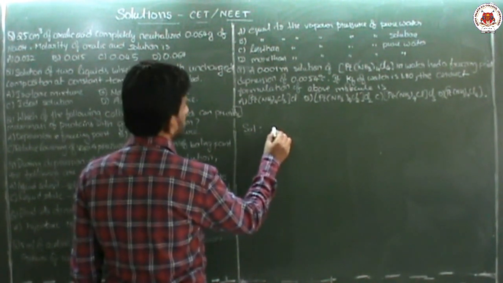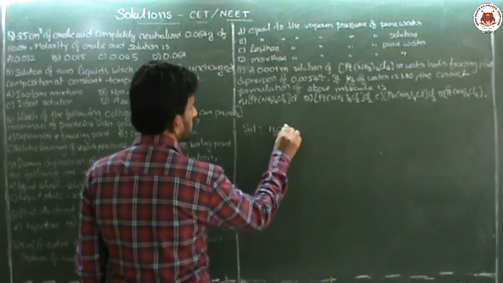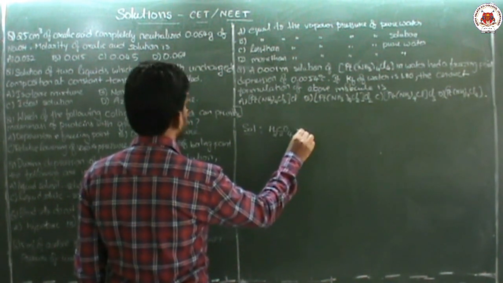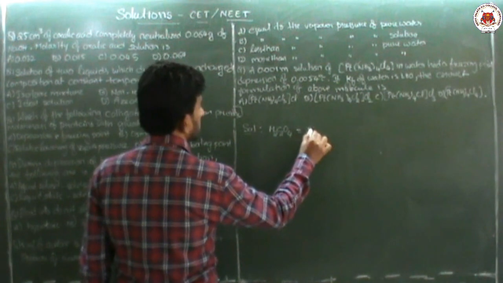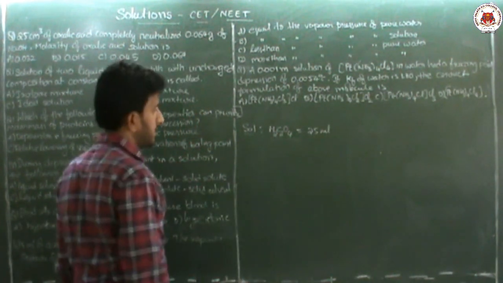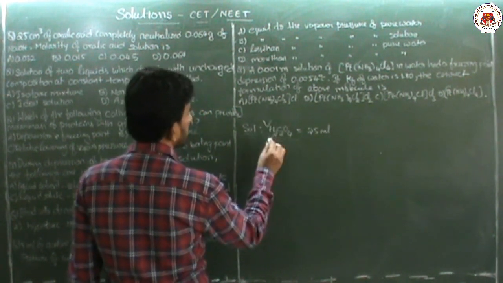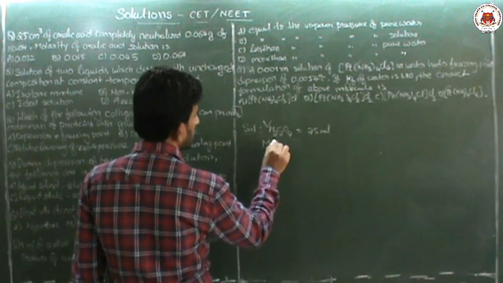The given data: H2C2O4, oxalic acid, is 25 ml. Centimeter cube means I can take 25 ml. Volume is this one. And what about the molarity they are asking?